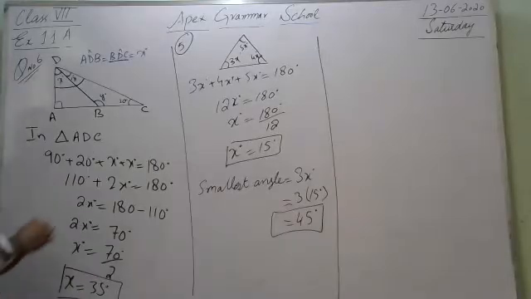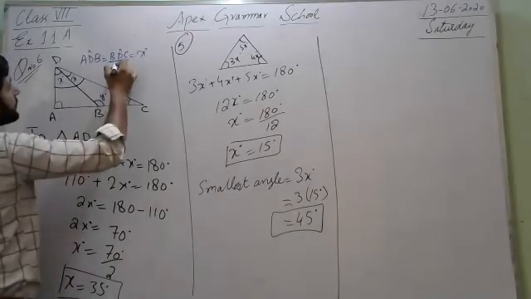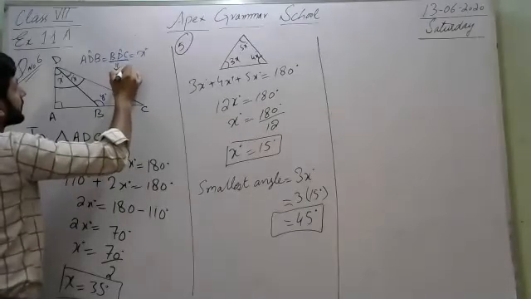This means that angle BDC equals 35 degree.